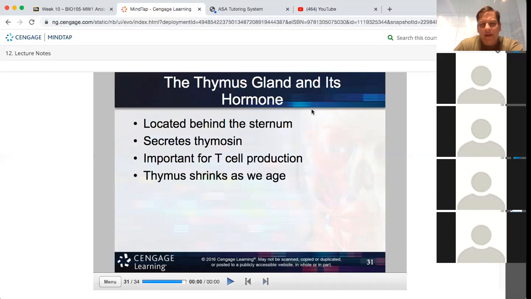The thymus gland is located in the chest, behind the sternum bone, and secretes thymosin, important for T cell production, T lymphocytes for defense of the body. These are white blood cells, and the thymus shrinks as we age.